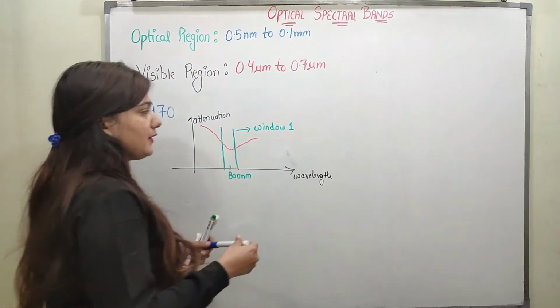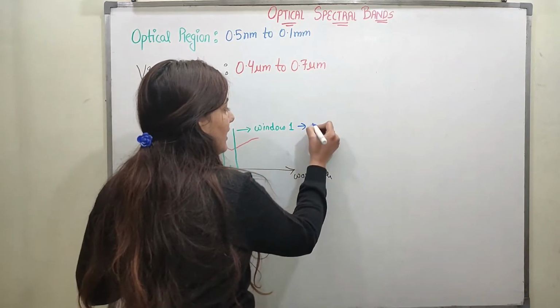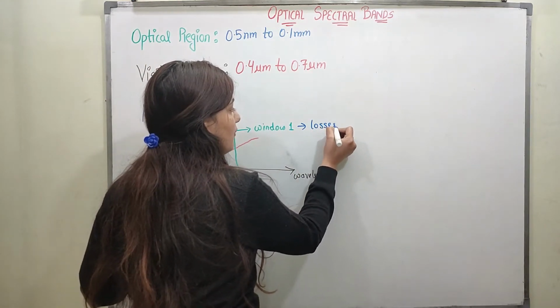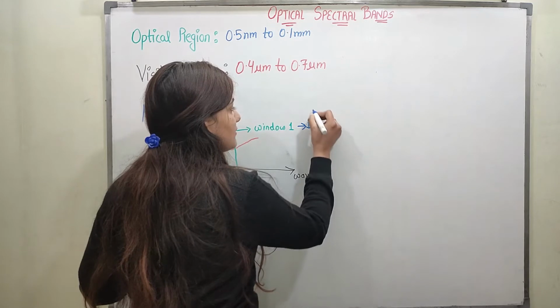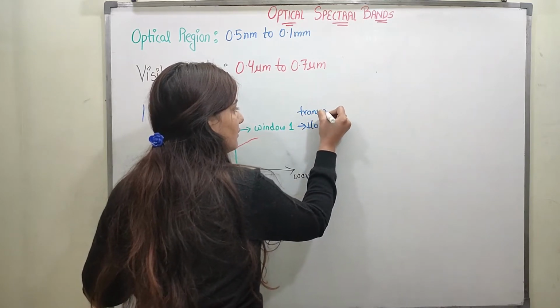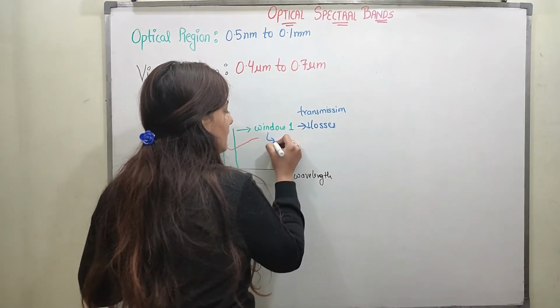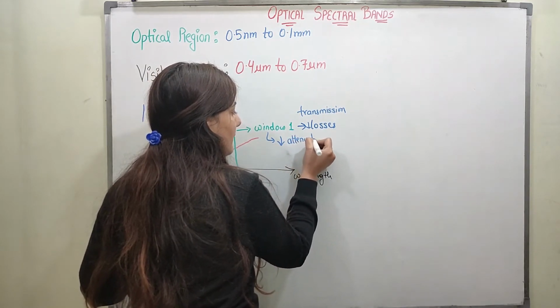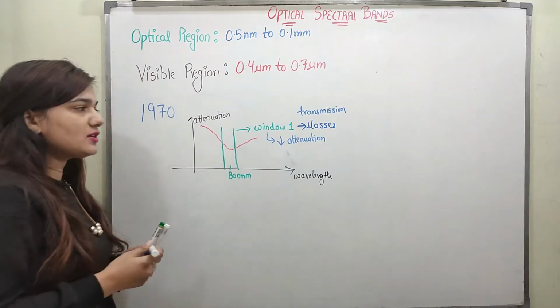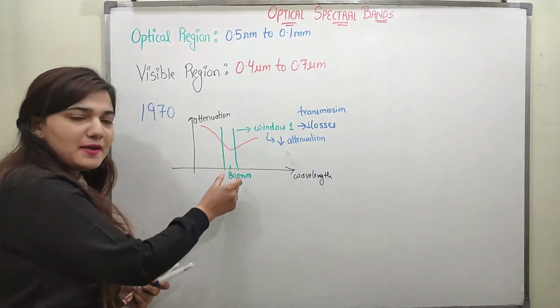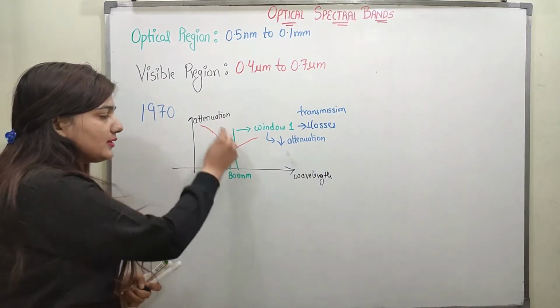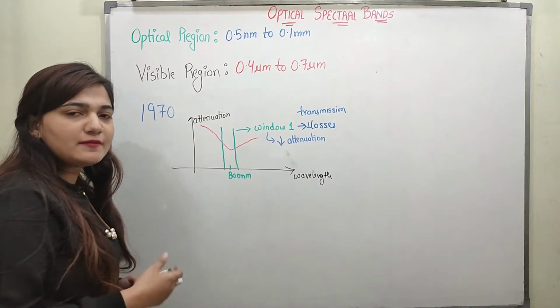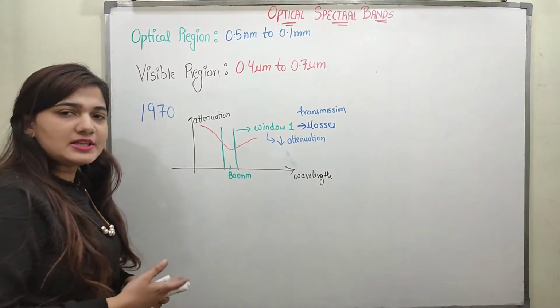We selected window 1 by comparing the losses. We wanted the least transmission losses, and for that we considered the least attenuation. When the attenuation was least, I selected my window there, and over this window I was operating a particular optical communication system.